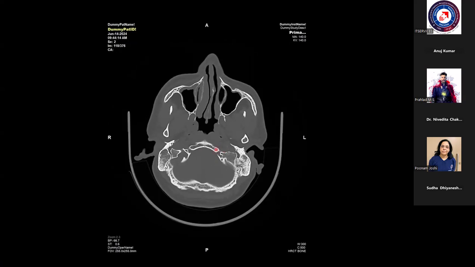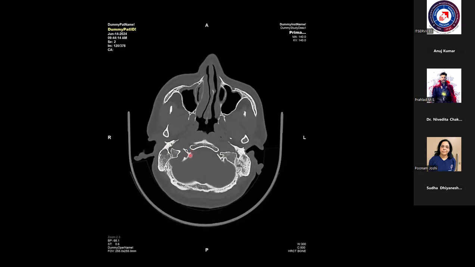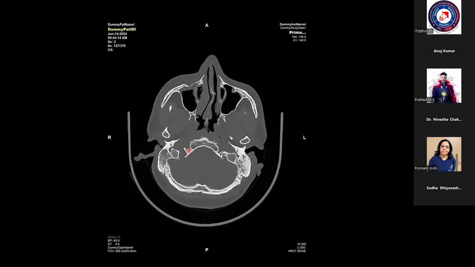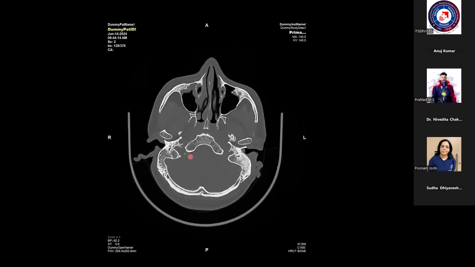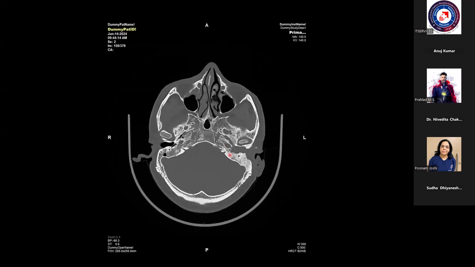And as I go superiorly, posterolateral to it, this is the jugular fossa. So do not get confused. This is the jugular fossa, a wider canal. As I go inferiorly, there's a small gap medial to it, which is the hypoglossal canal. This of course is the carotid canal.